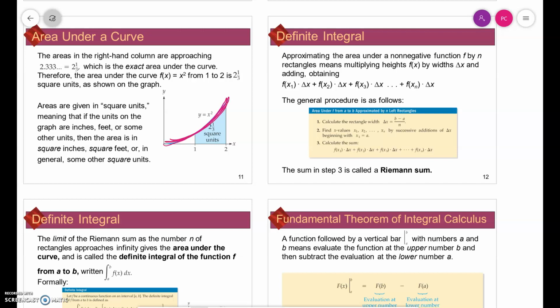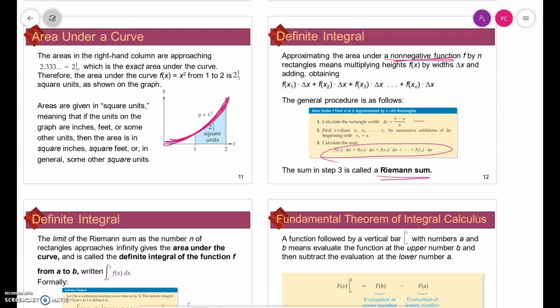When they say non-negative function, our curve is above the x-axis. We're going to find rectangles. If you're finding it using this approximation, you would find what width you need your rectangles to be, find all the x values that you need, and then calculate all those individual areas. That's the Riemann sum, but it's going to take a very long time, and it's very, very tedious.